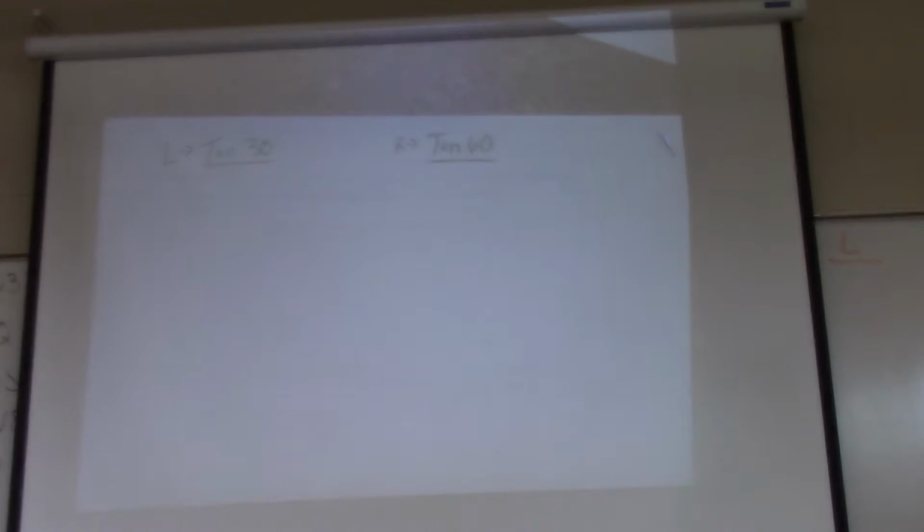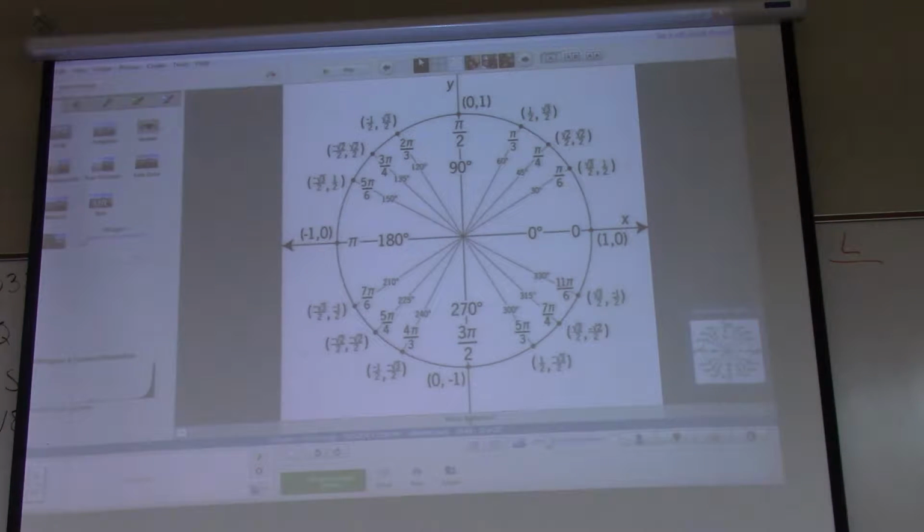You want to take the sine of 60 divided by the cosine of 60. So let me show you a little something here. This. The unit circle. Remember this?